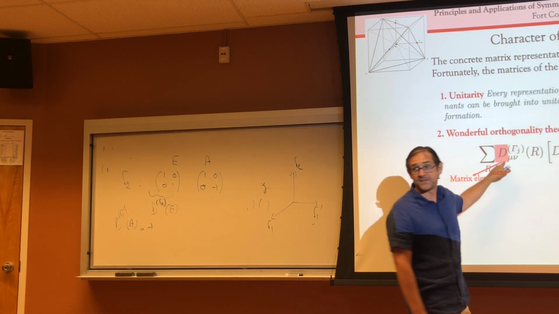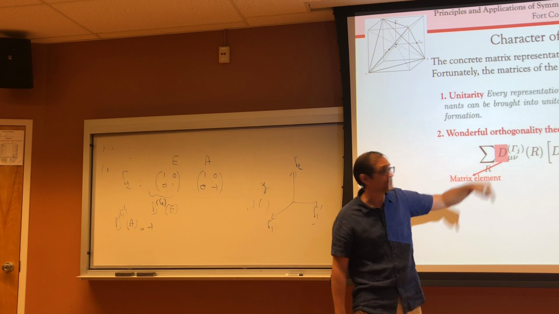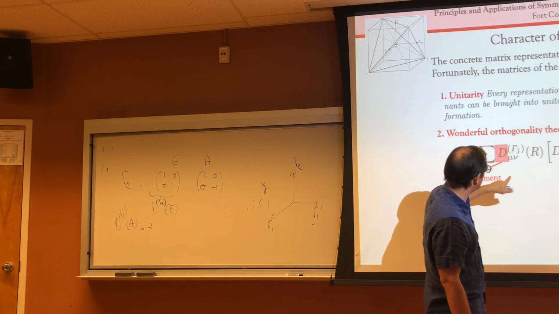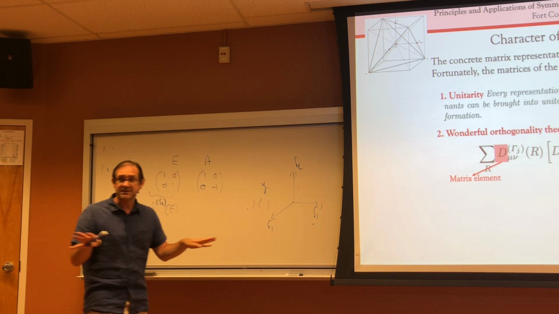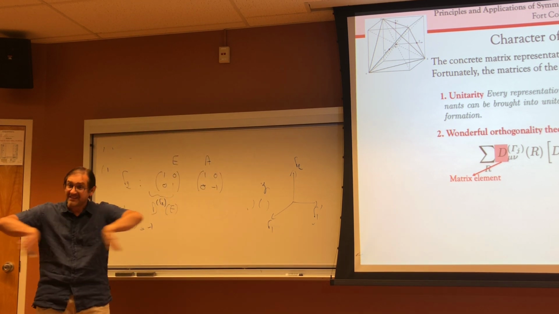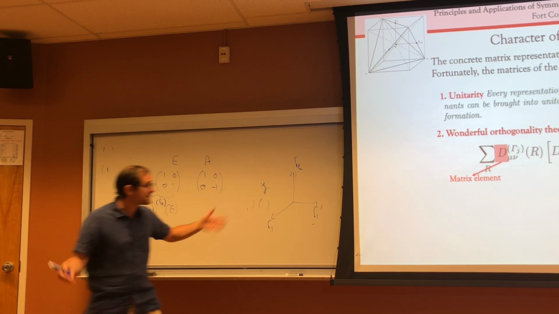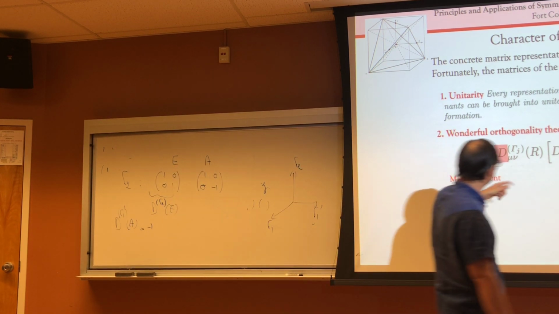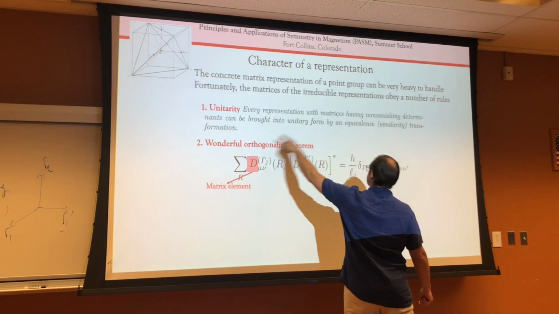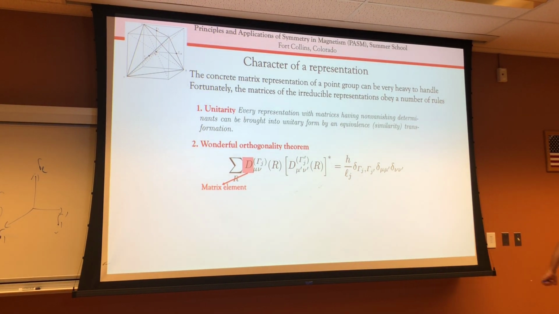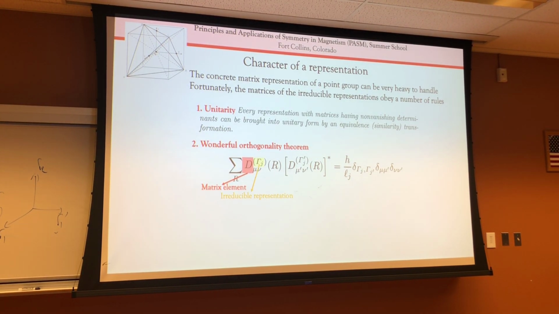This one here is just a matrix element: 1, 1, 1, 2, 2, and so on. And what this orthogonality theorem says is that because those representations are orthogonal to each other, they're completely separate, I can decompose any representation into those irreducible representations. Then I have this big formula. So D is the matrix, gamma J is the irreducible representation, R is the symmetry operation.